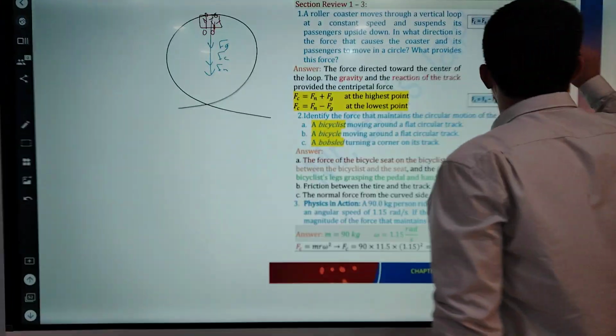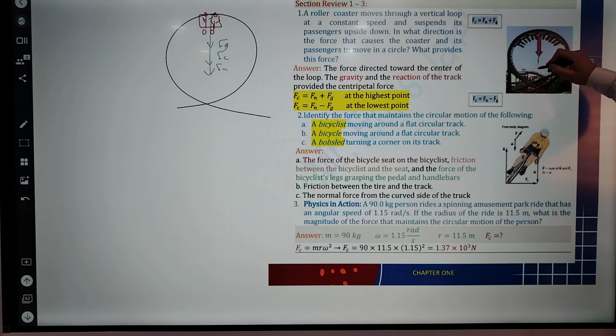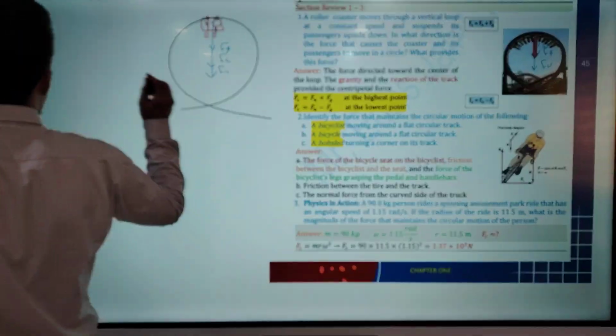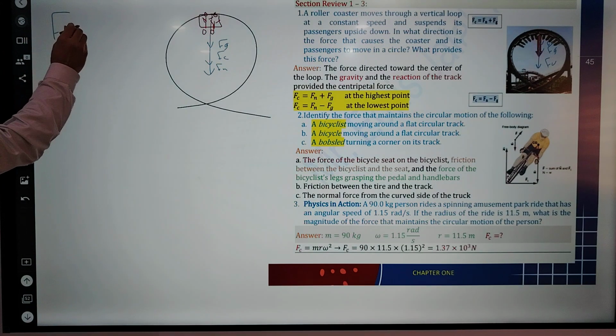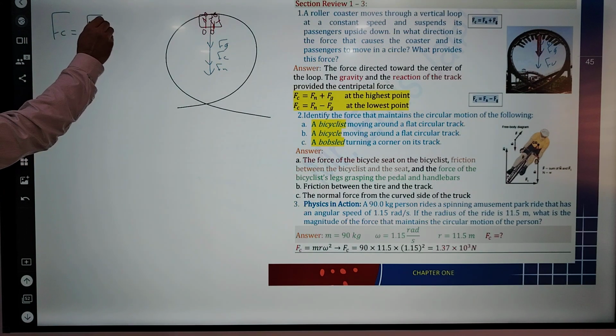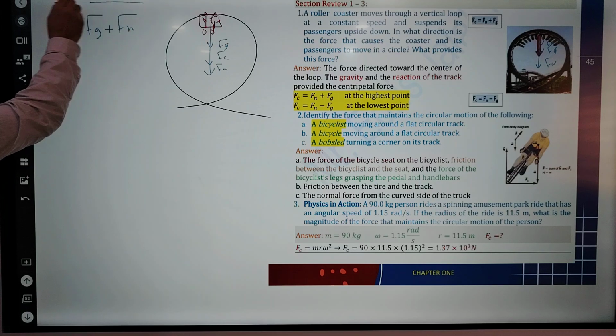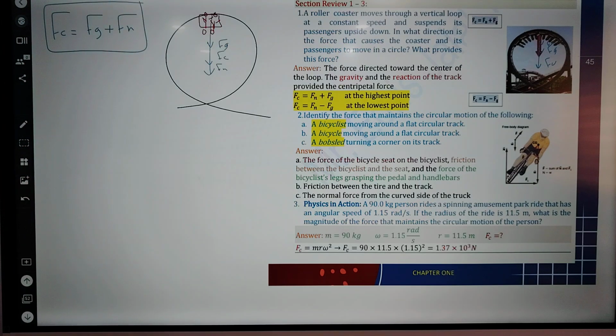At this point, all three forces, Fc, Fg, Fn, are directed toward the center. So at this point, Fc is equal to Fg plus Fn. The forces that provide the centripetal force are two forces: the gravitational force and the normal force. This is at the highest point.